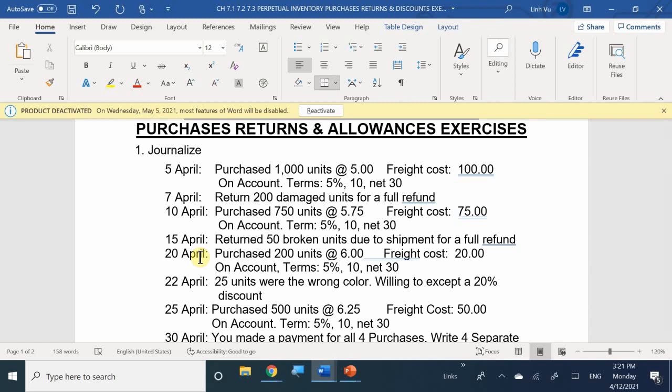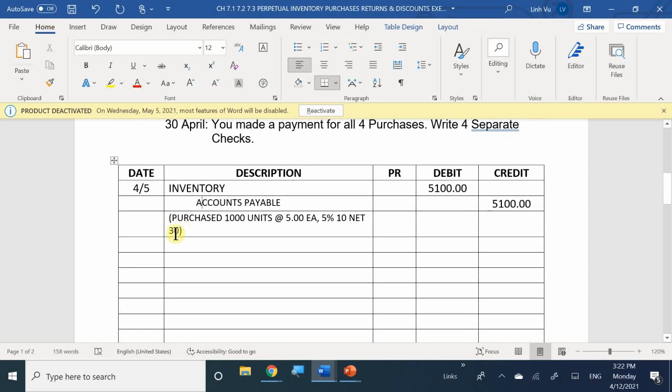Full refund. Yes, we returned 200 items. So how are we going to journalize this? Accounts payable 1,000 and inventory 1,000.